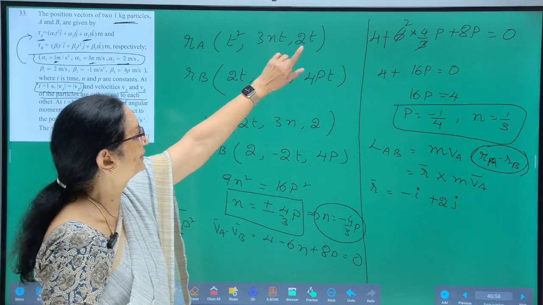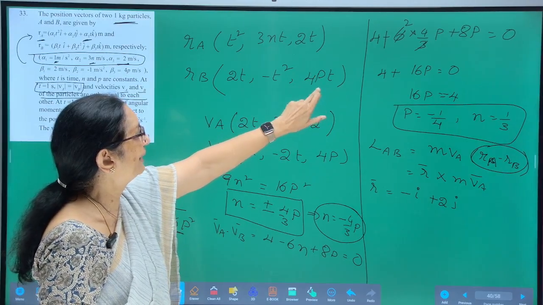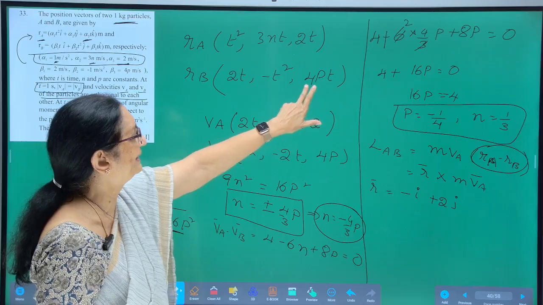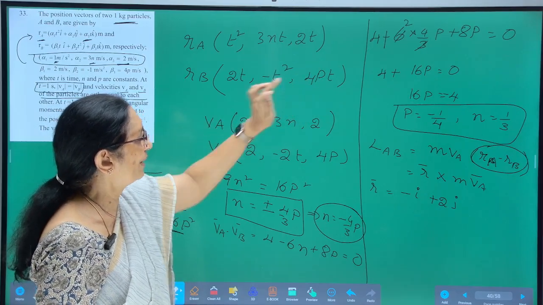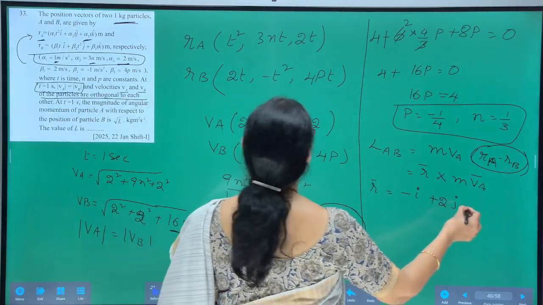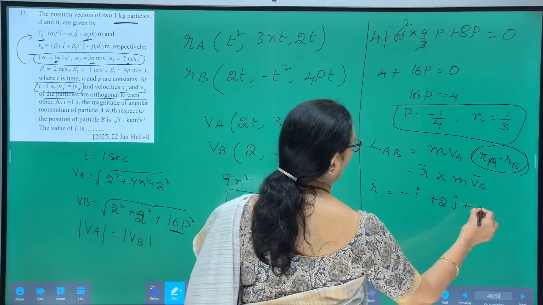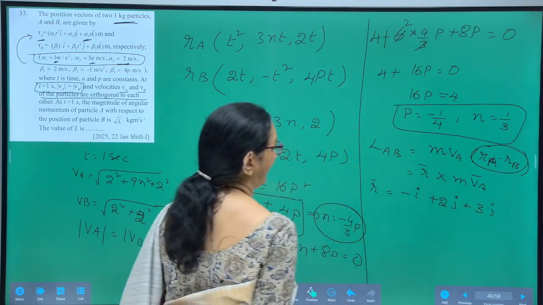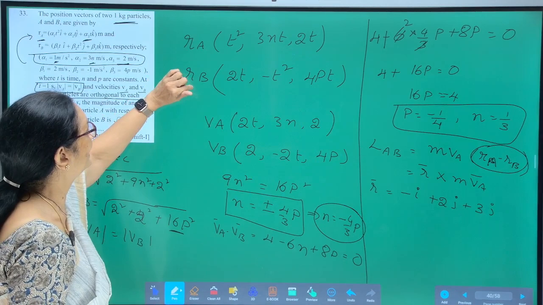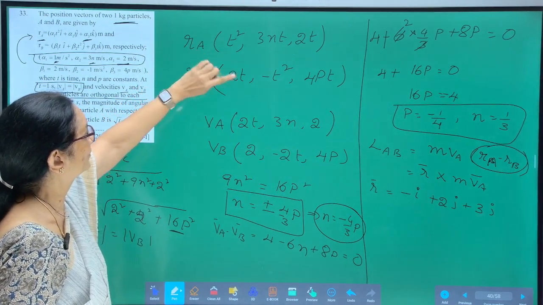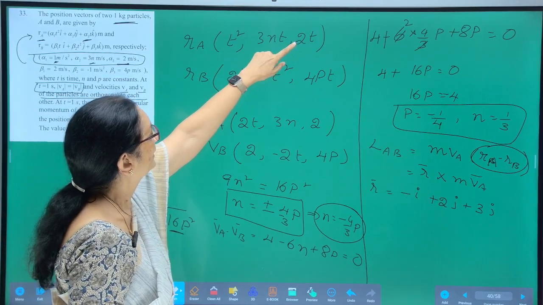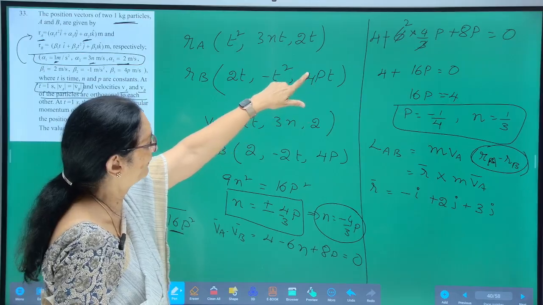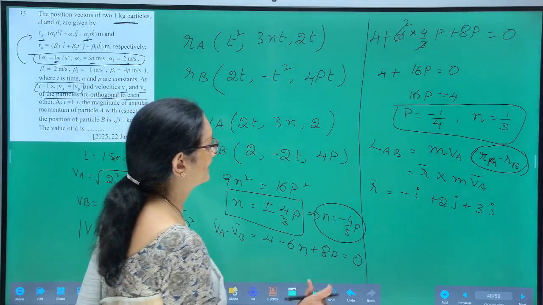Now, 2, t is 1, p is 1 by 4, 4 and 4 gets cancelled, that is minus 1. So, 2 minus of minus 1, it becomes plus, so it is 3j. So, RA minus RB, 1 minus 2, minus 1, 1 minus of minus 2, 2 minus of minus 1, that is 3.